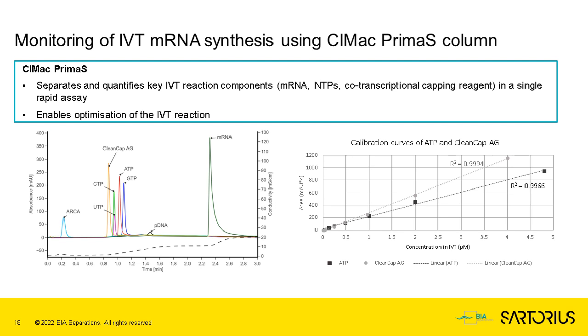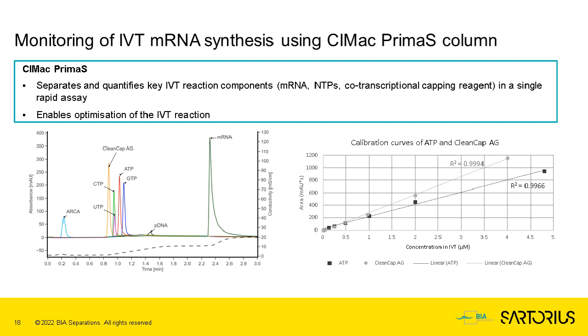So you can profile all of the key ingredients, components of the reaction that will make up the RNA sequence. This is UV detection, so as long as the UV detector is well calibrated, the responses will be linear over a wide range of concentration.